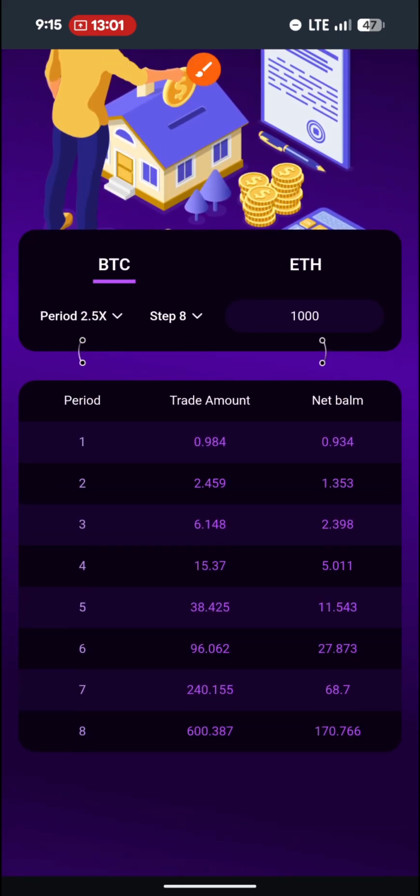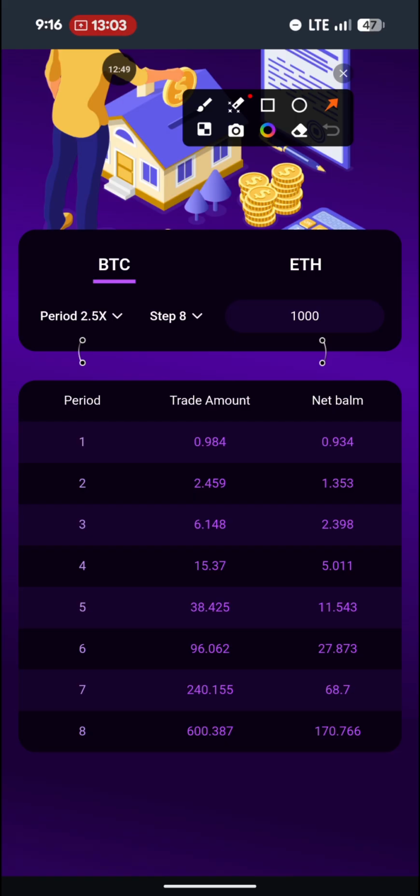Now let me explain something here. On this 8-step route, if the first trade that was sent to the signal group happened to be lost, for the next trade, you take note of the period ID. The next trade, this is the figure you are going to use. If that one also happened to be lost, the next trade you use this, and so on and so forth.